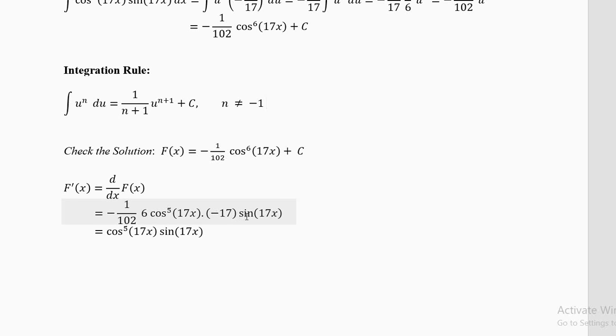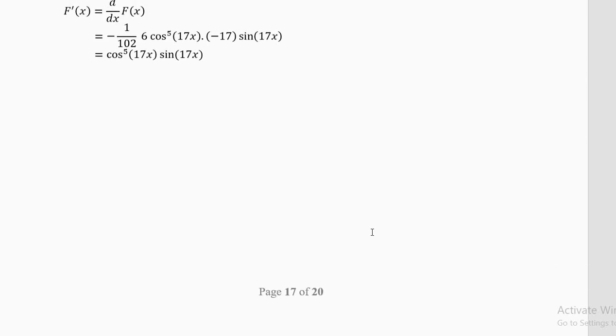Write down the 17 and cosine goes to sine when you differentiate. Now 6 into minus 17 is minus 102, it will cancel with this minus and 102. You will be left with cosine power 5 17x into sine 17x. We saw this kind of integrations in previous chapters also.